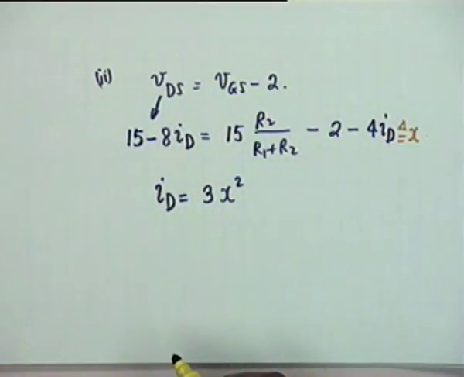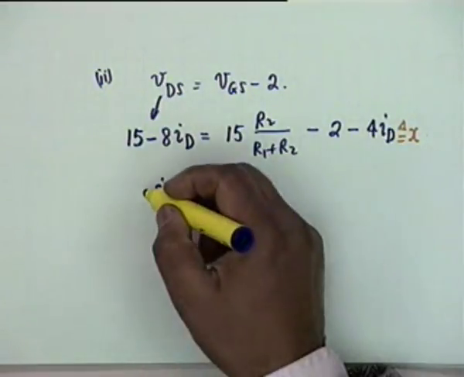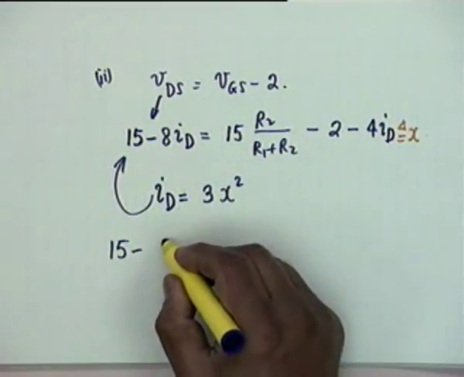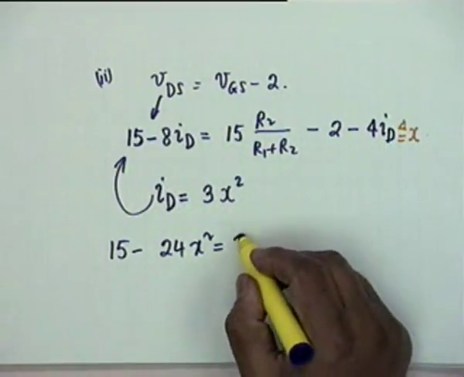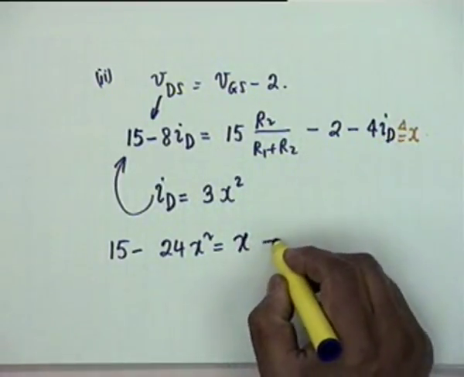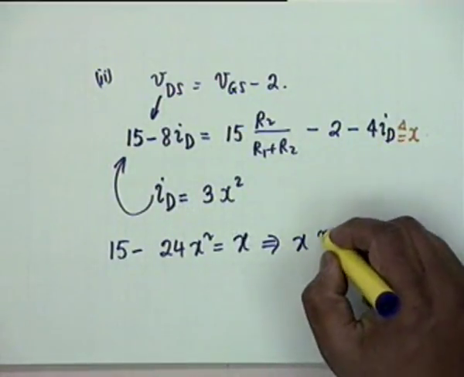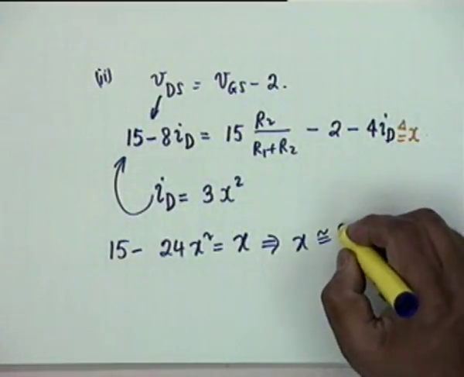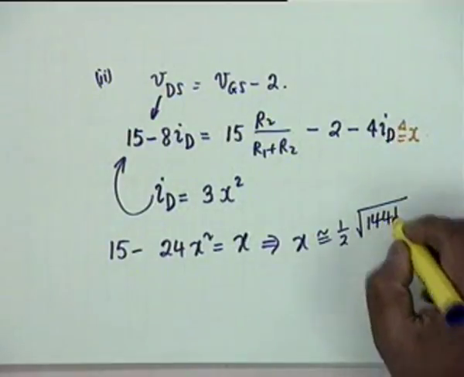Okay. Substitute this. You have to go back and forth. Substitute this here. Then you get the equation 15 minus 24x squared is equal to x. Solve for x. My solution is that x is approximately equal to, the acceptable value is half of square root of 1441.